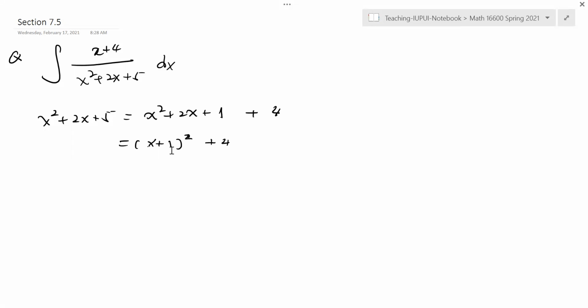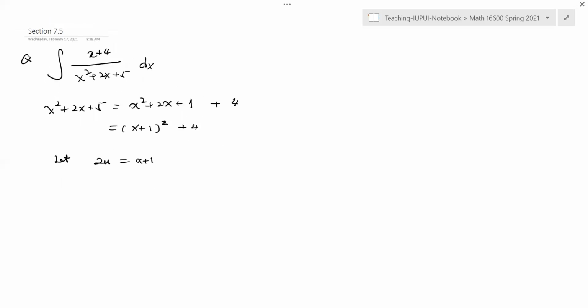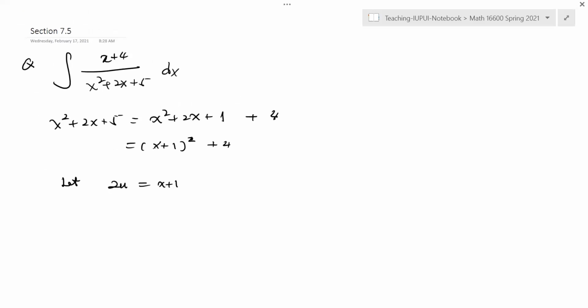So now it's a natural idea to introduce a new variable. I want to get rid of the 4, so let 2u equal x plus 1. When you square it, I get 4u squared, so the 4 will be cancelled out, and 2 du equals dx.